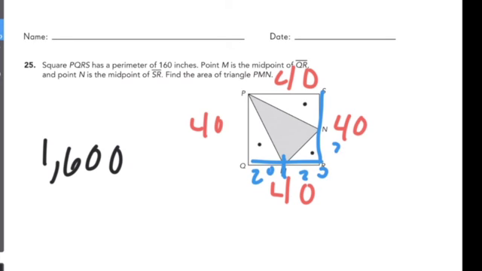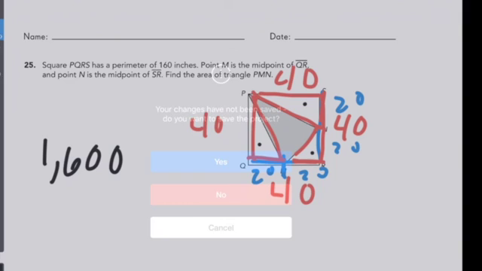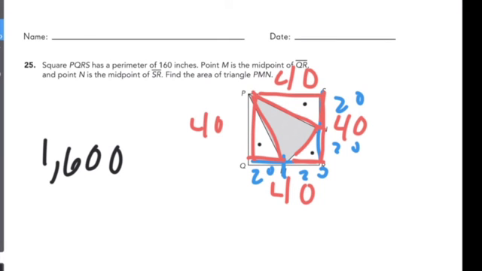Now, if you look carefully, for each one of these triangles, 20 is my base and 40 is my height; 20 is my base and 20 is the height here; and over here is 20 and 40. When you figure out all of those areas for each of those triangles, you just subtract them from 1,600, and that'll give you your total.